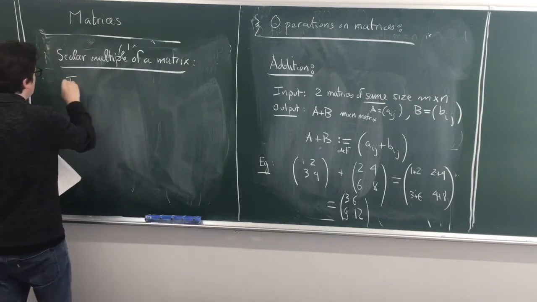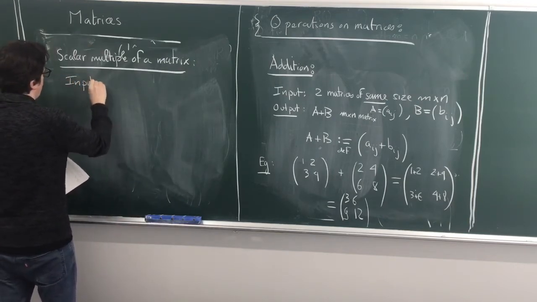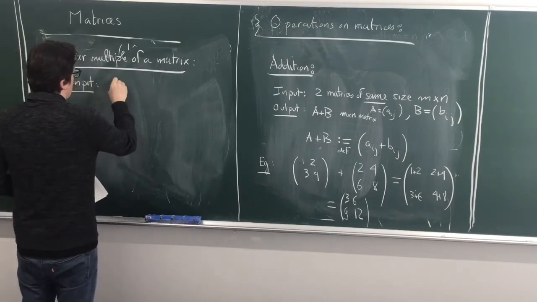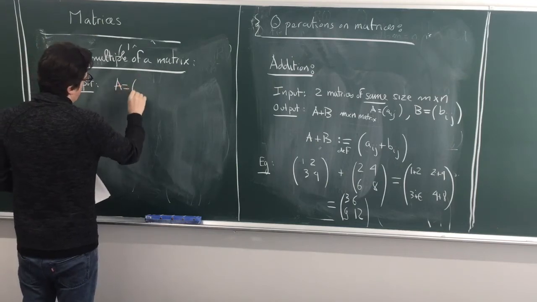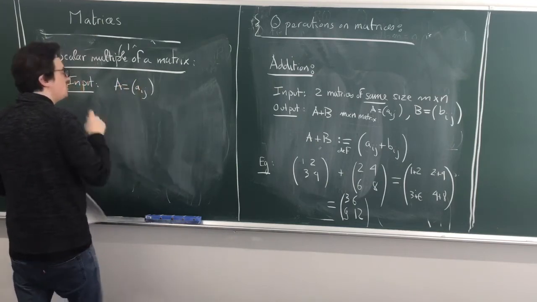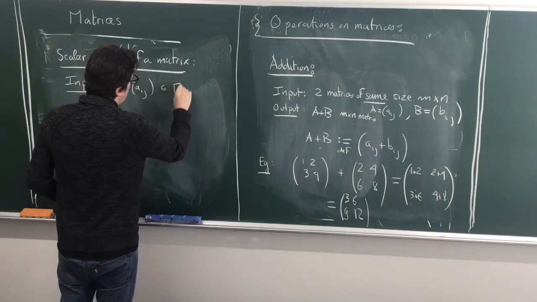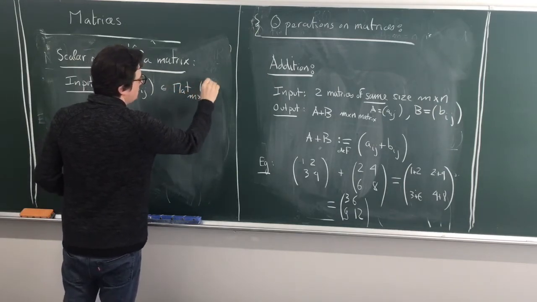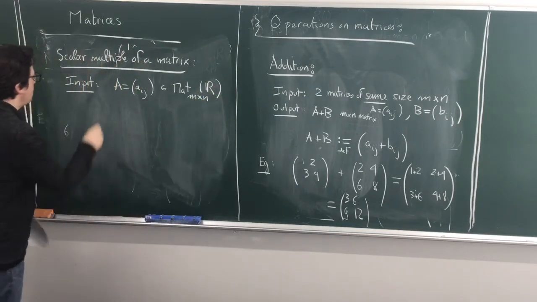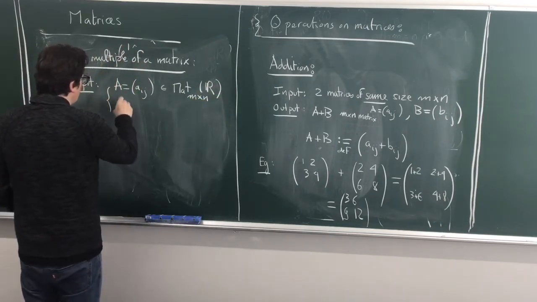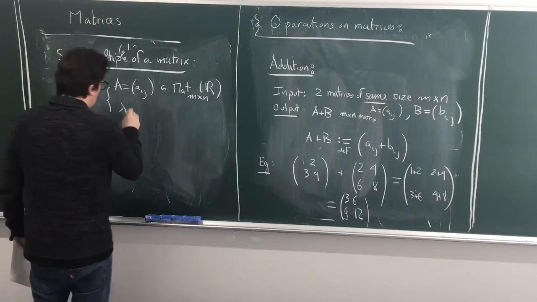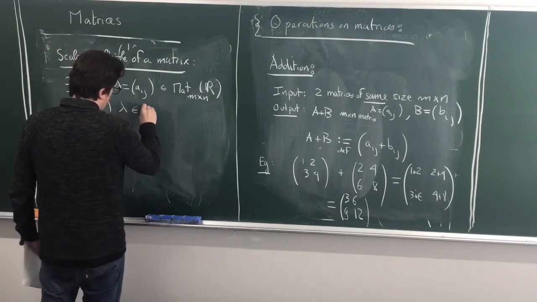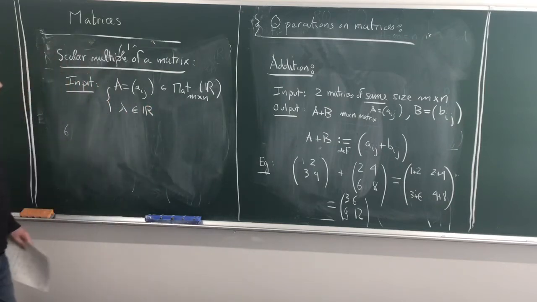Here the input is a matrix A with entries aij in the set of matrices m times n with coefficients in R. And I will take another input, a scalar, so an element lambda in the set of all real numbers.